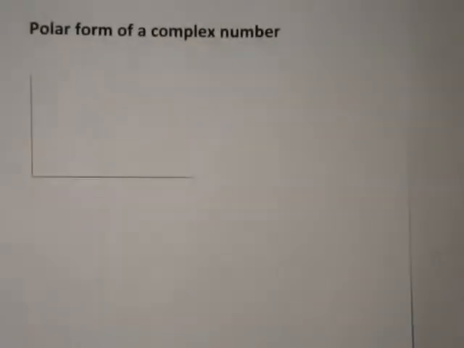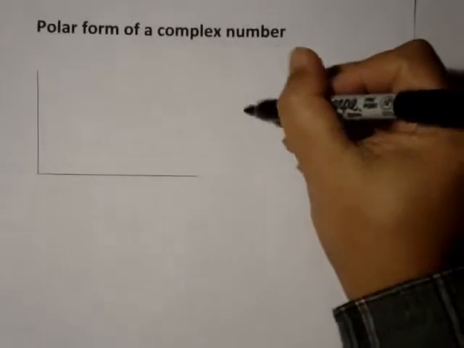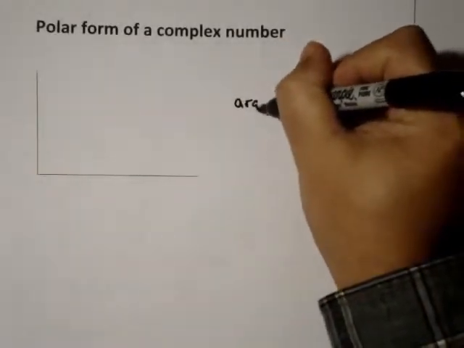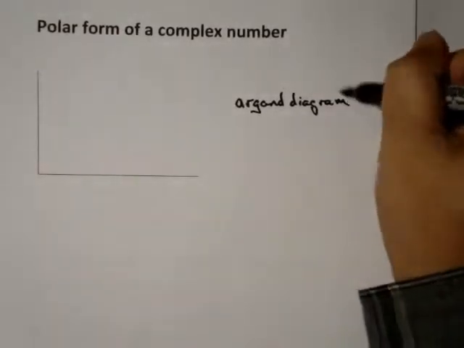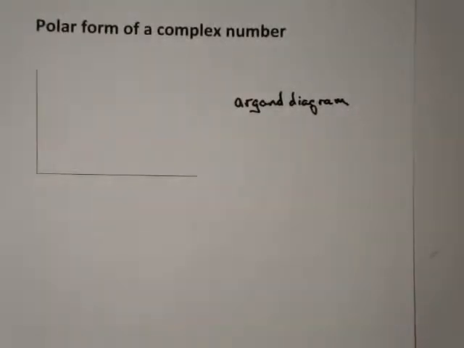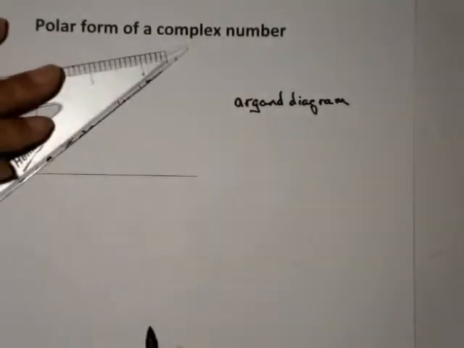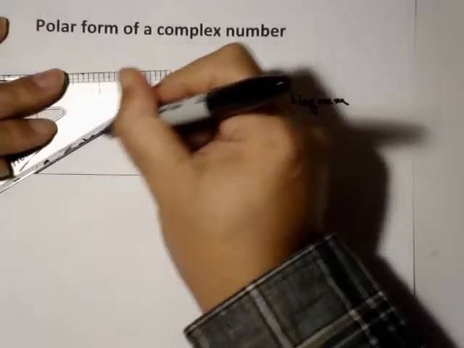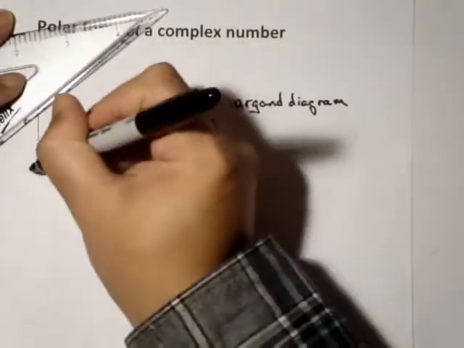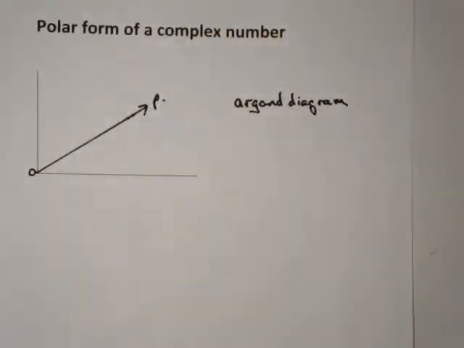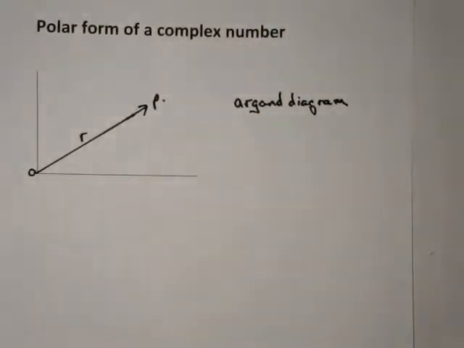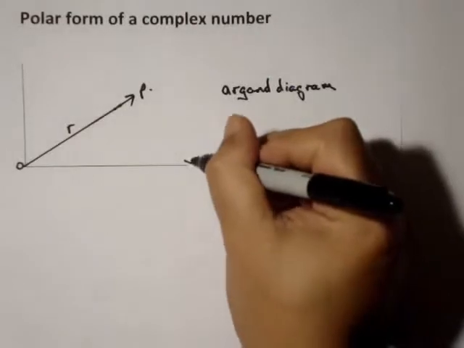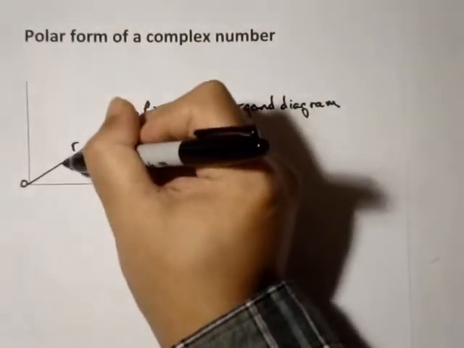It's often convenient sometimes to express a complex number, a plus ib, in a different form. So if on our Argand diagram we have a vector OP, so let's draw that vector in here. So this is the origin, this is P, so that's our vector OP, and R is the length of the vector, and the angle it makes with X is called theta.